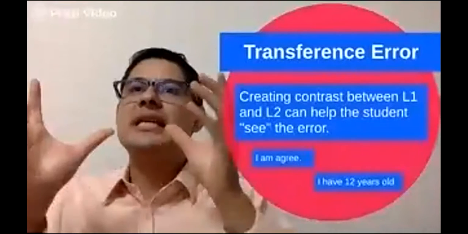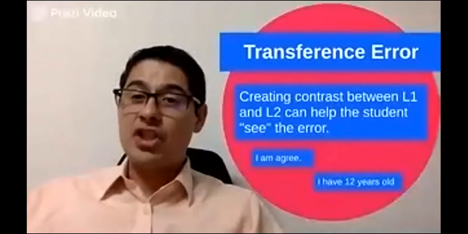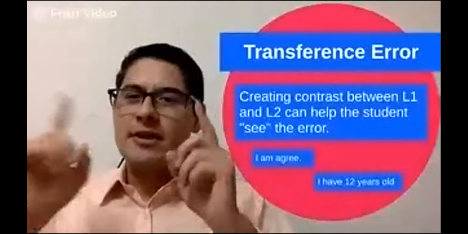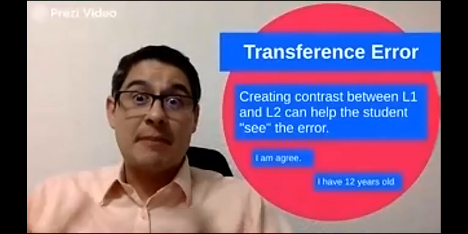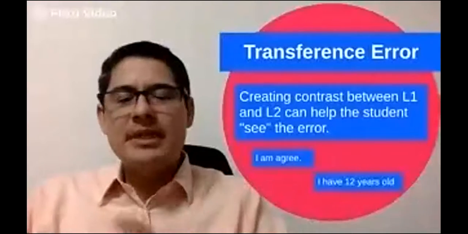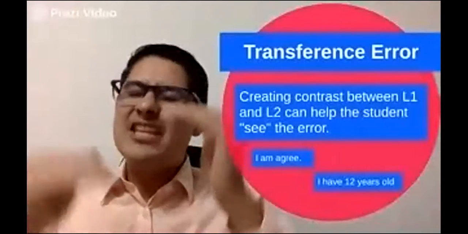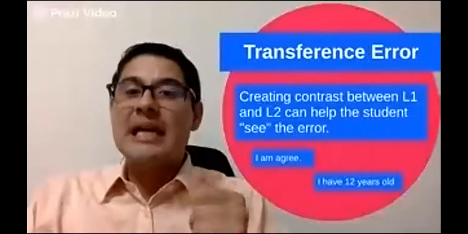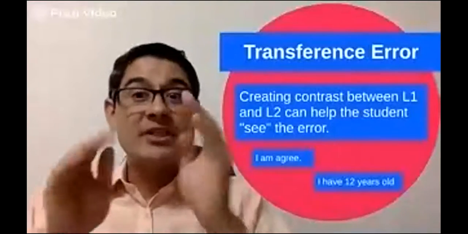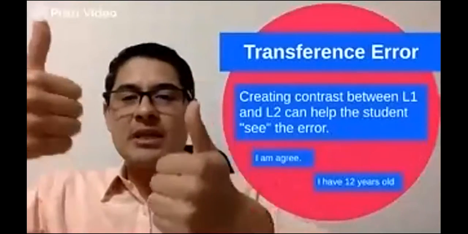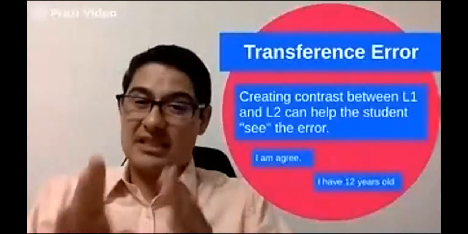The student says, I am agreed. As a teacher, you should stop and say, wait a minute, you are thinking in Spanish. In Spanish, yes, you say that, but in English, remember, the verb to be is not necessary, or in the terms that you are able to speak to your student based on his or her level. But you should tell the student, there is a contrast. This is Spanish grammar, this is English grammar, and you are mixing.